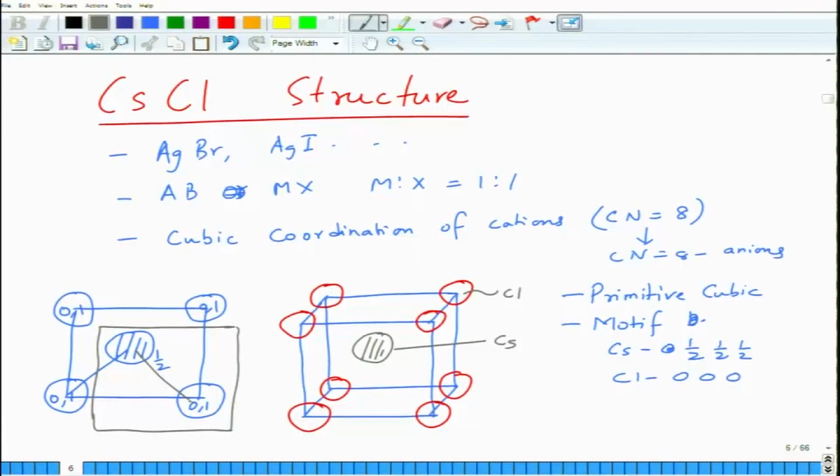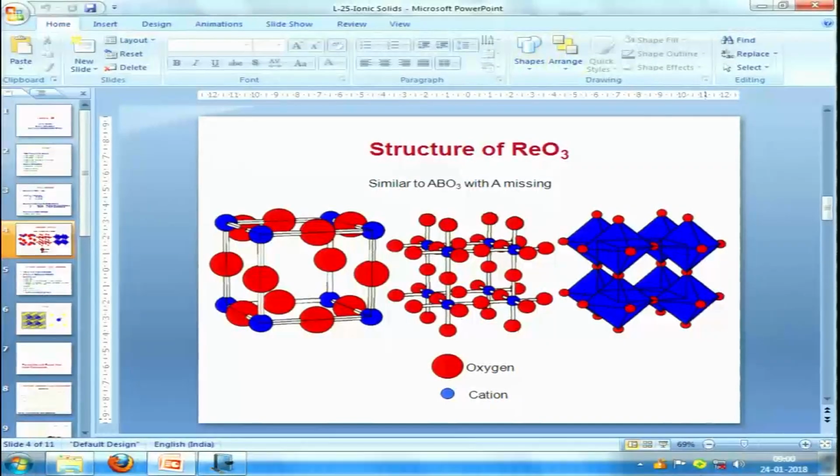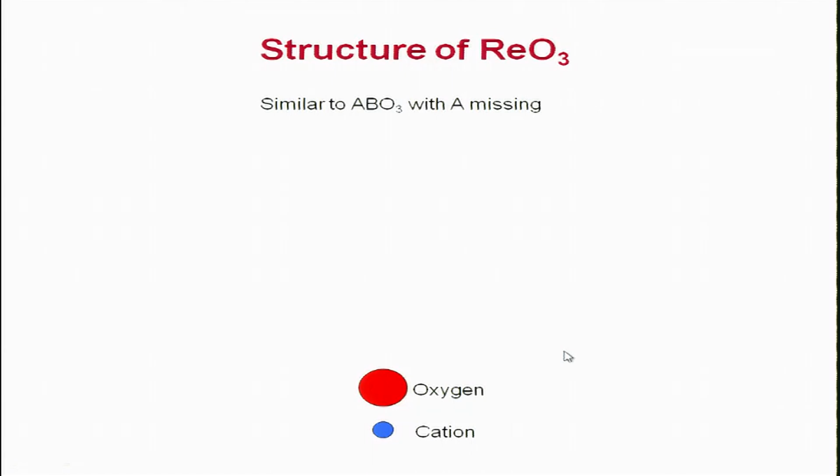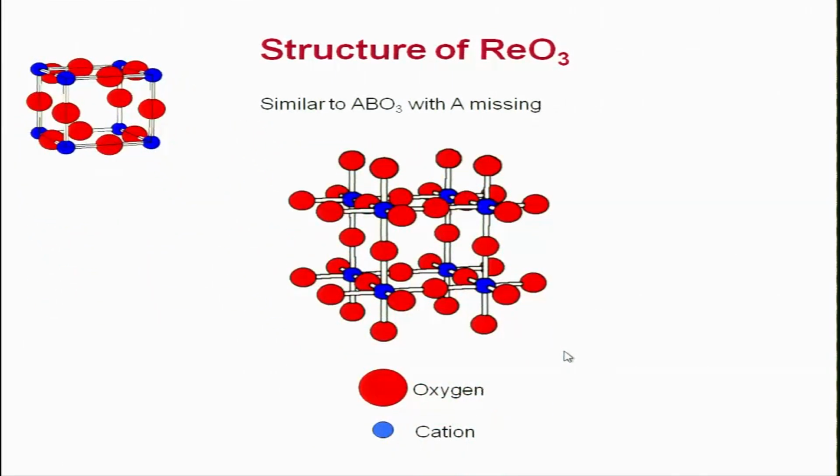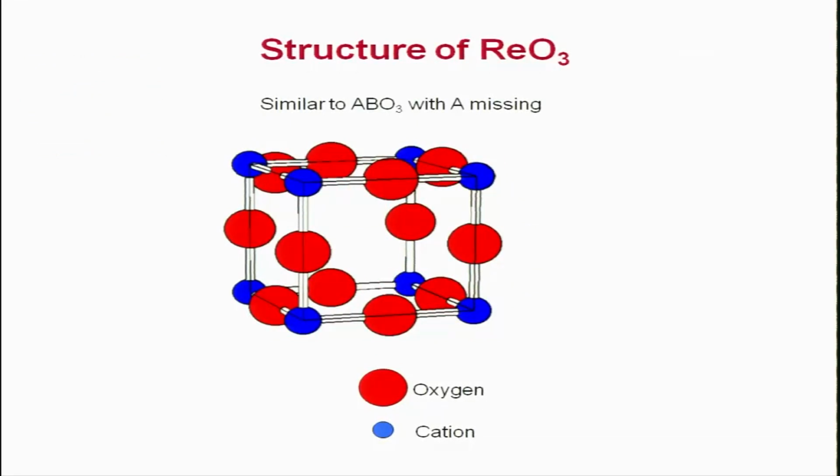Okay. So, let me see if I have a picture to show you. So, this is how rhenium oxide structure would look like. This is the first representation in which you have B atoms and the oxygen.